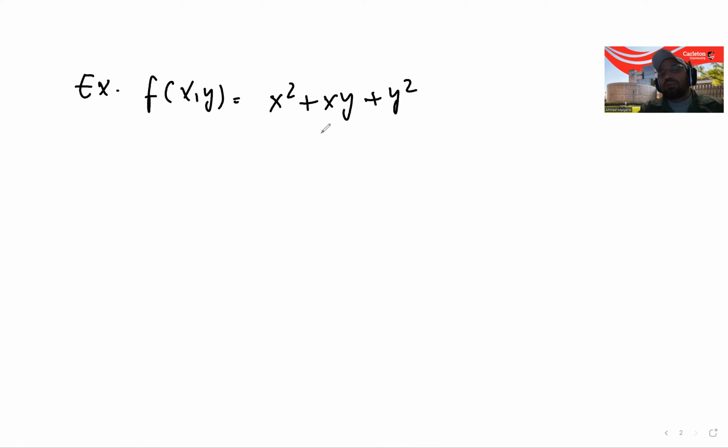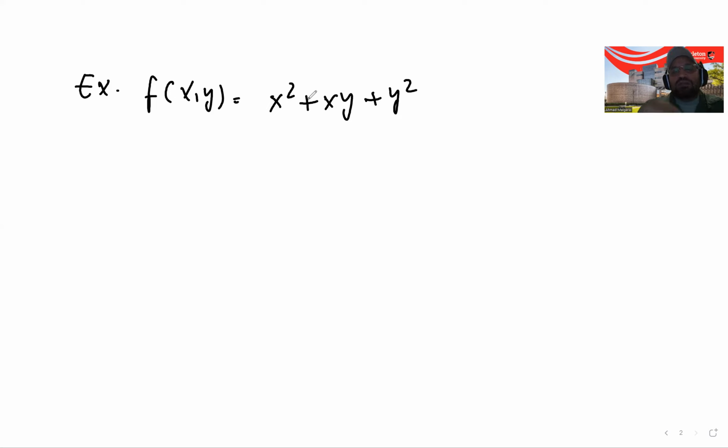We cannot take the derivative using a simple derivative with respect to x and y. So when we take the derivative of the function with respect to x, we treat y as a constant. And for the second time, when we take the derivative with respect to y, we treat x as a constant.